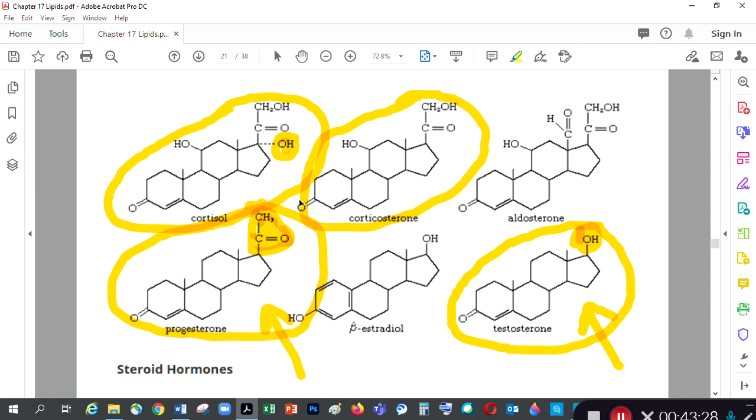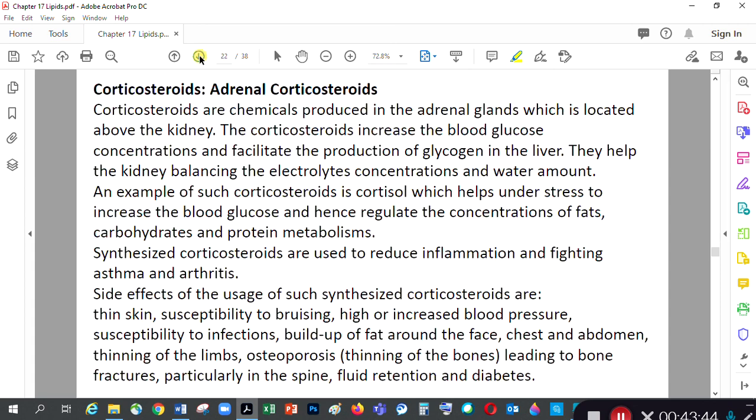So those are the compounds produced inside the body, and you have seen that the liver is one of the manufacturing places for those steroid hormones, correct? And here it is just to give you an example of the corticosteroids. They are chemical compounds, of course, produced in the adrenal glands, which are located above the kidney.